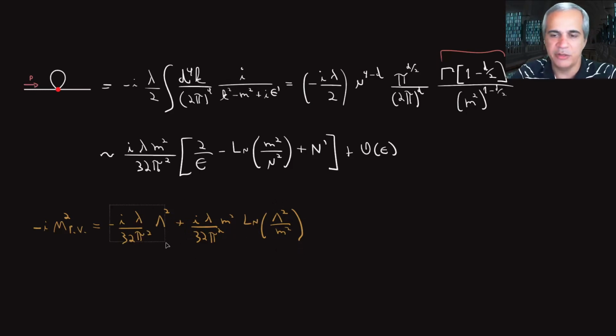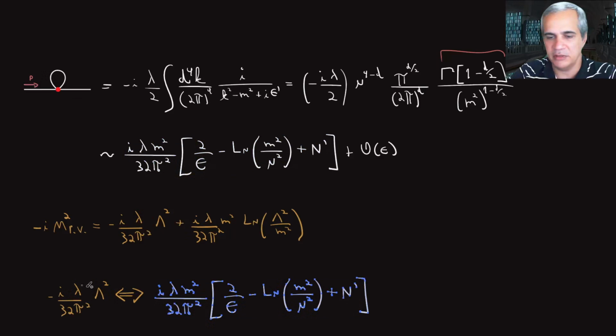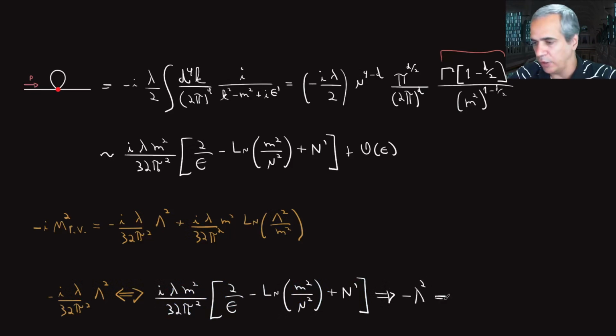Let's suppose you want to match the square divergence, which is the most serious one in the Pauli-Villars case. You try to find a dictionary between these two parts. There are some cancellations of constants, but that's equivalent to matching minus lambda square to m square times everything that's in here, right?